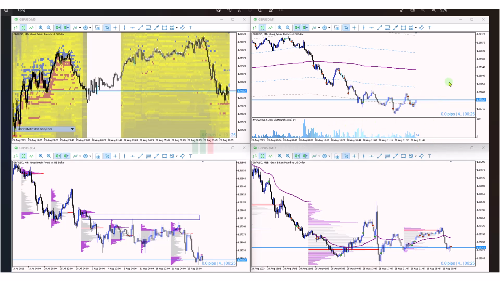Why M1? Because I was an aggressive scalper for over 2 or 3 years, so this is a sentimental thing for me. I still read the charts better on M1.